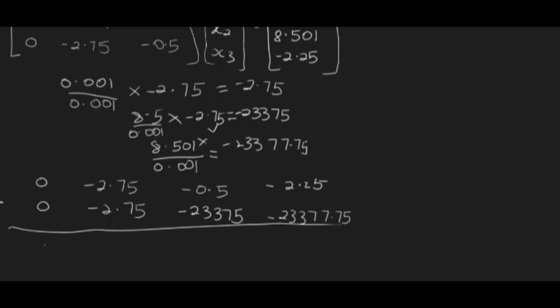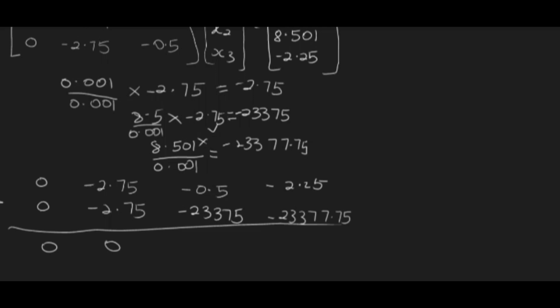When I subtract, I'll get here to be 0. Then now here will give me negative 0.5 plus 23377.5, right?